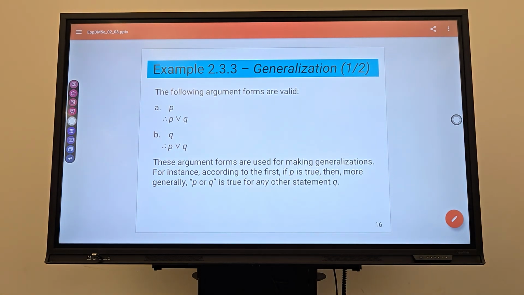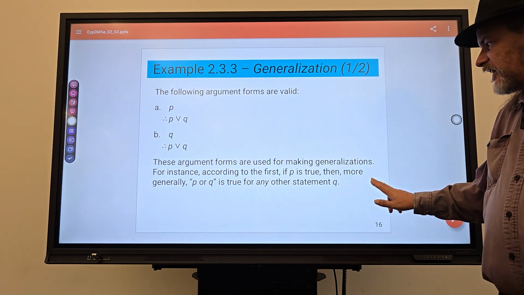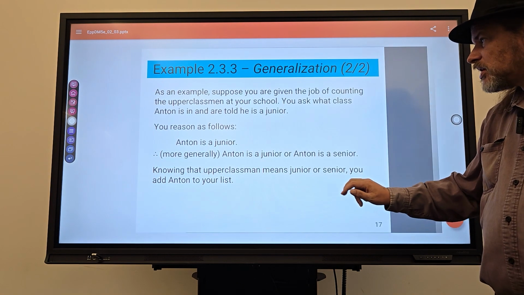All right. Generalization. If P is true, then P or Q is also true. You can add to it. You can make a more general statement. If Q is true, then P or Q is also true. So that's generalization.